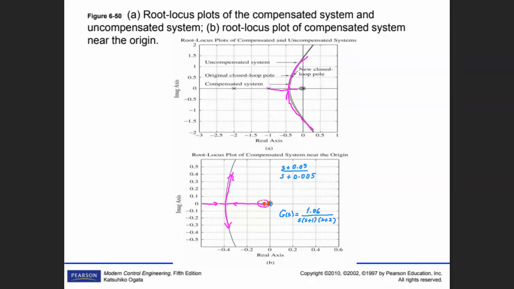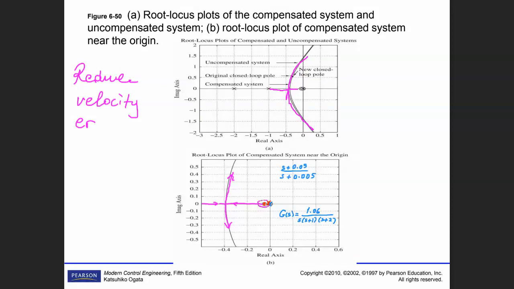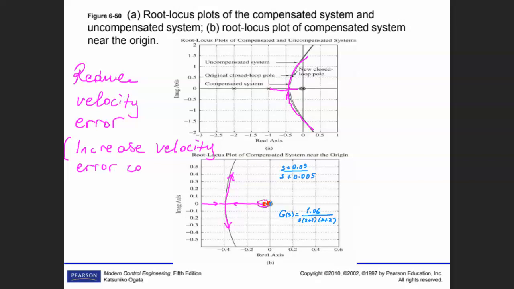In other words, velocity error is reduced by 10. So velocity error goes down to one tenth. Reduce velocity error, increase velocity error constant by 10.